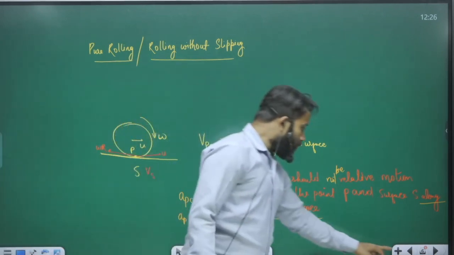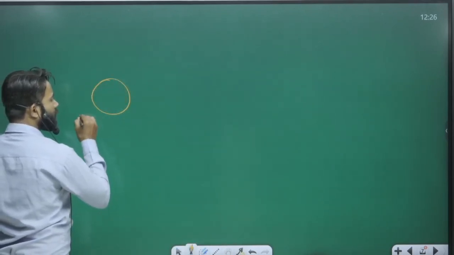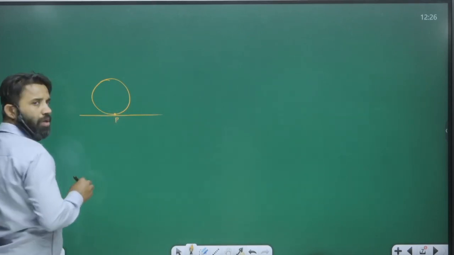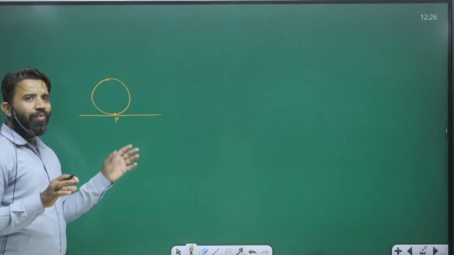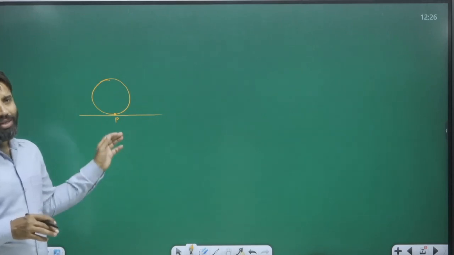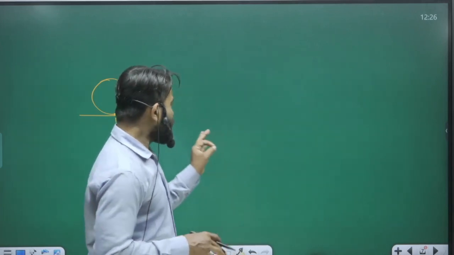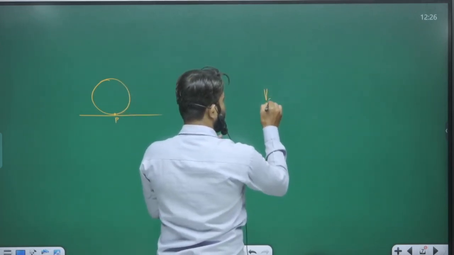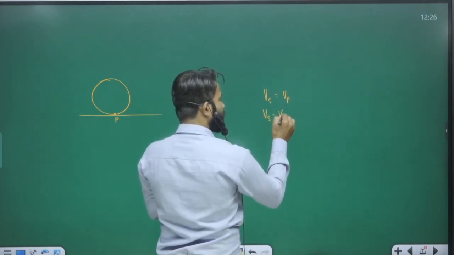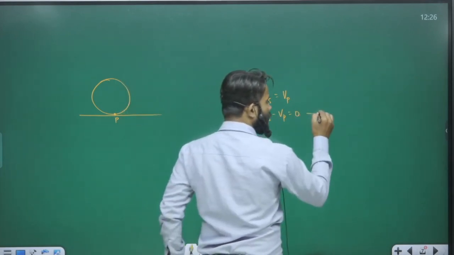To make it more clear, we are considering an example. Let us say a disc, and this point P. In 90% of the cases we will find that this surface is stationary, but in a few problems we will find that this surface is moving, and in that case velocity of surface must be equal to velocity of point P, or velocity of S minus velocity of P should be equal to 0, and this must be along the surface.